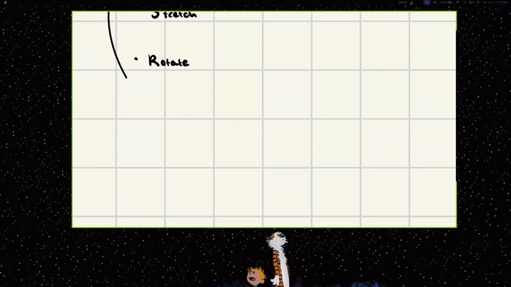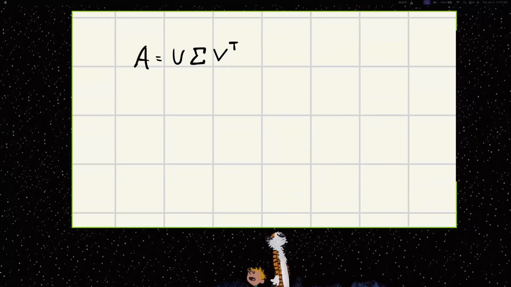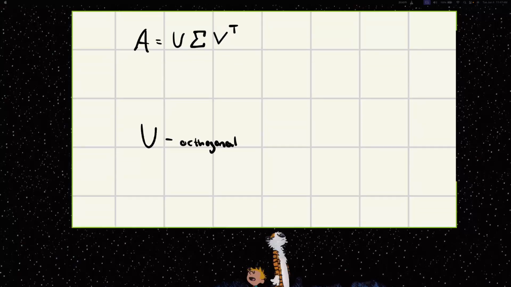Okay, so we have this decomposition, A equals U sigma V transpose. So really the next question is, what does all of this mean? At least, what is U, what is sigma, and what are V and V transpose? U is an orthogonal matrix, that's why we say rotation.